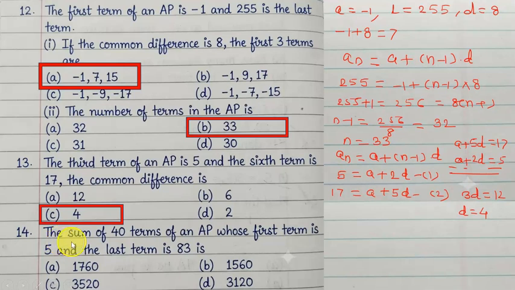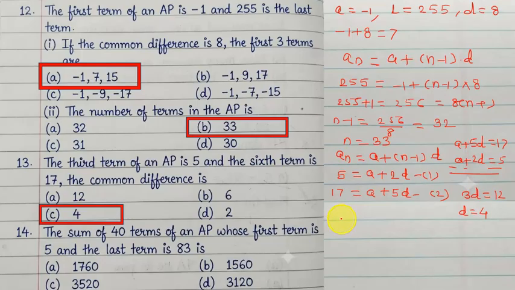Next, the sum of 40 terms of an AP whose first term is 5 and last term is 83. We want to find the sum of the 40 terms.